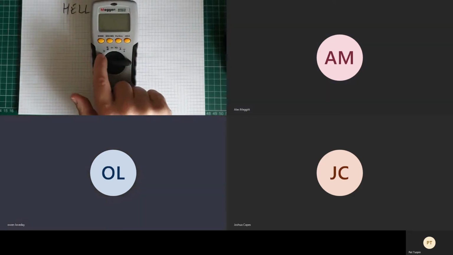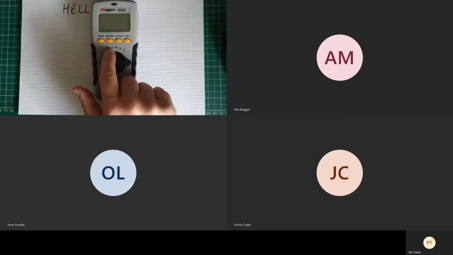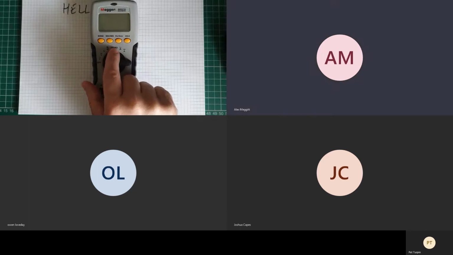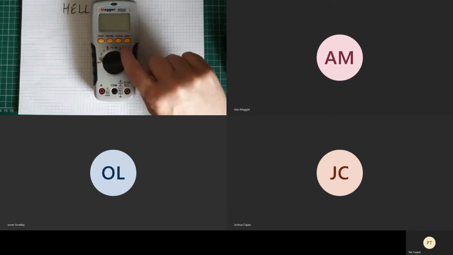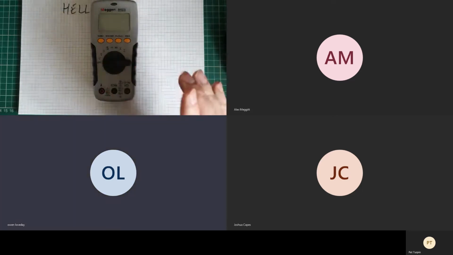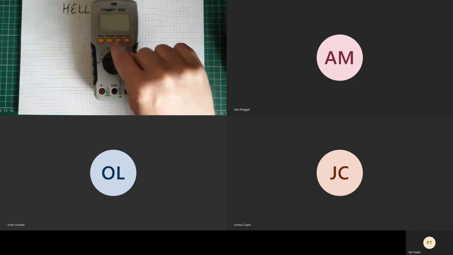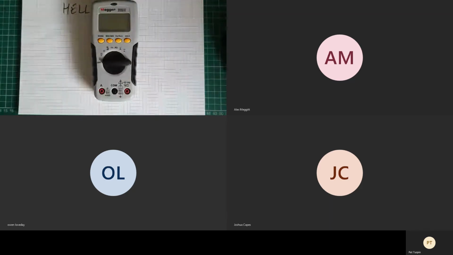We can measure voltage. We can measure resistance. This one's quite advanced. It measures capacitors and frequency, but it also measures current. Now, when we measure voltage, we put it in parallel with the circuit, so we put it across the circuit. When we measure resistance, we put it in series with the circuit.